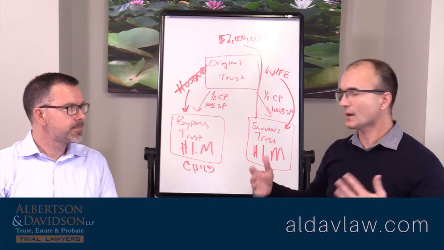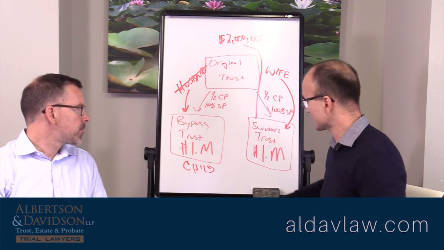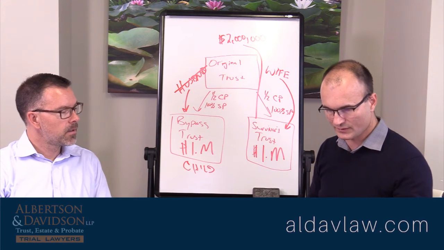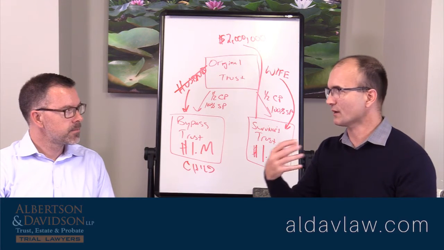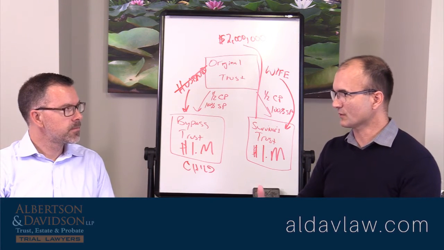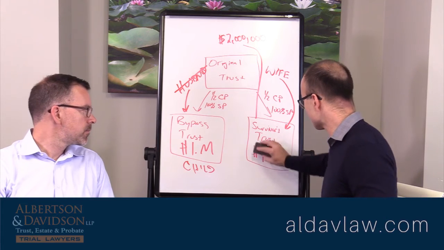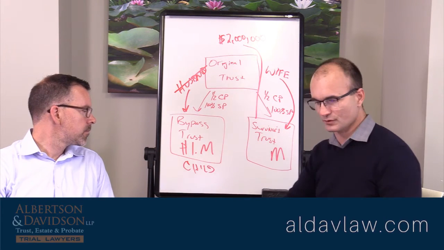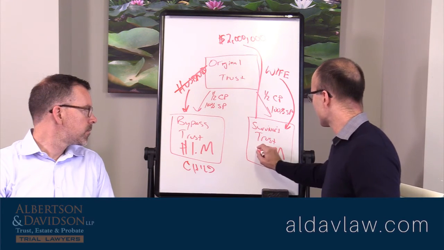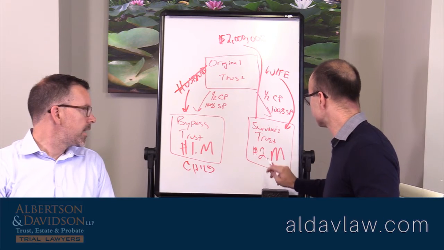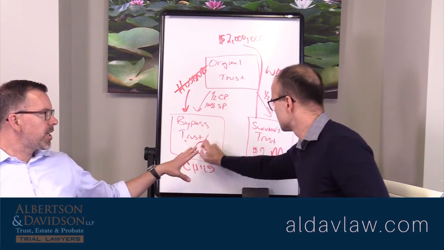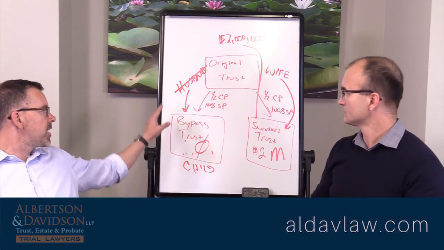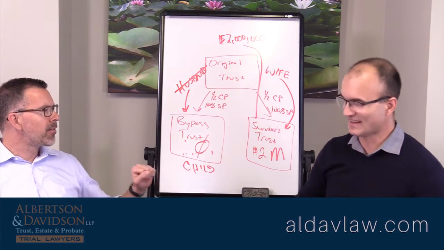That's right. So what happens if there wasn't? What happens if the bypass trust wasn't mandatory? The language is, the trustee may fund a bypass trust, but it's not required, that sort of language. And let's say 100%, so let's say all $2 million goes over here into the survivor's trust. Then in this example, wife can do anything she wants with that $2 million. And I would suggest that husband's kids treat her really well. Yeah.